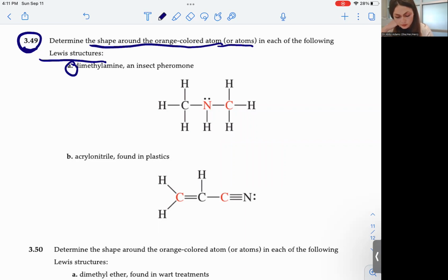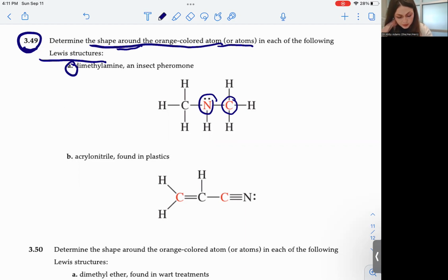All right, so let's see. What are we gonna do? All right. So if you want to know the shape around the orange colored atom or atoms, you locate those, you have that nitrogen and that carbon, and let's figure it out based on the Lewis structure.